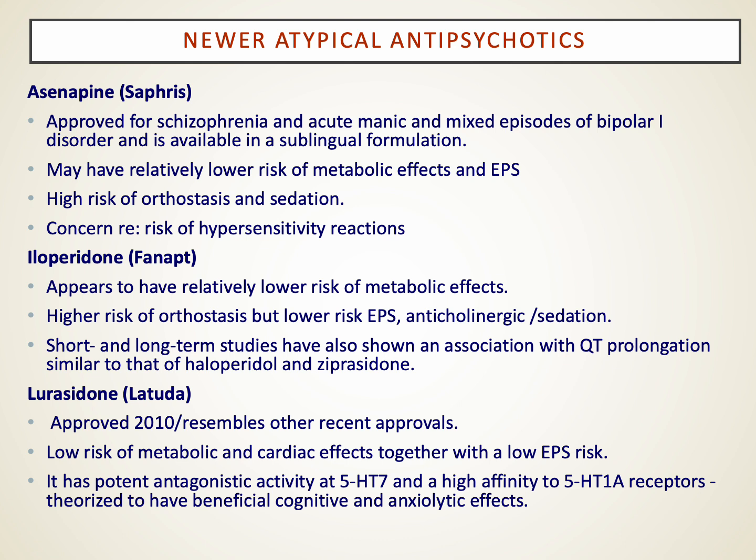Latuda, though, has the advantage of its use in mania, and it is fairly well tolerated with fewer adverse effects. Because of that, we more commonly see this drug used in patients in mental health, either with mania or sometimes with psychosis as well.